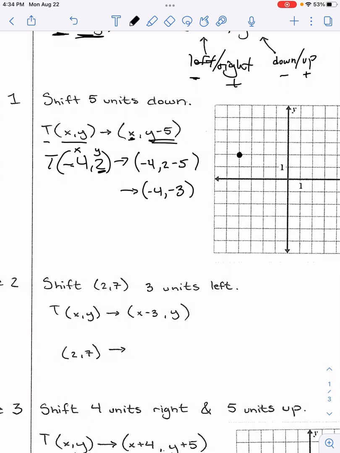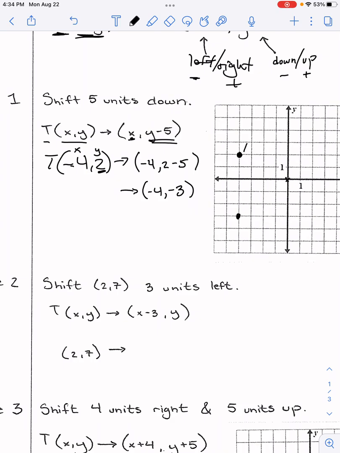Right, so this way off to the left is the algebraic way of figuring out what that new ordered pair is. And we can graph the ordered pair. Negative 4, negative 3. From the origin right here, we'll go 4 left and 3 down. So 1, 2, 3, 4, 3 down. 1, 2, 3. That point's going to be right there.